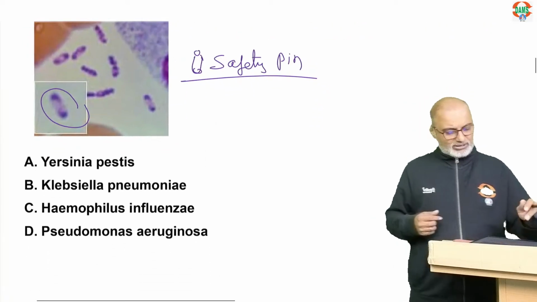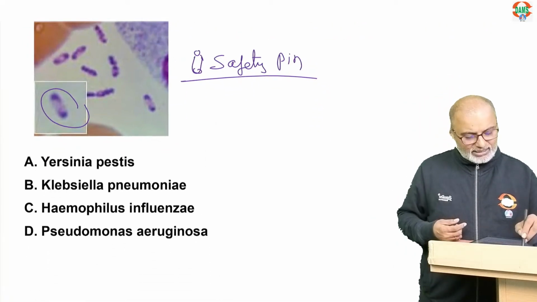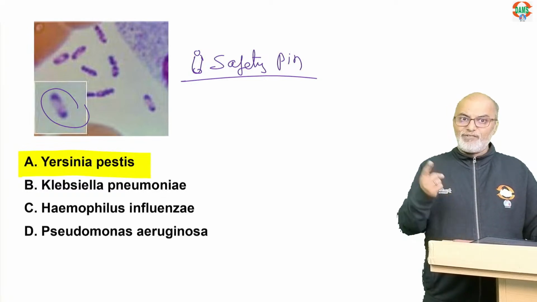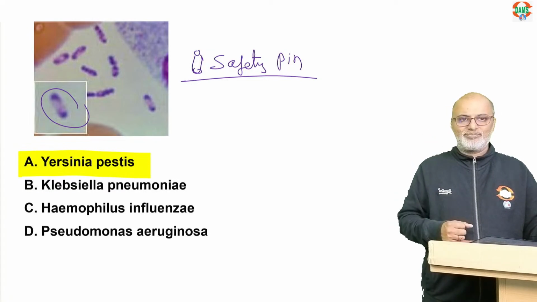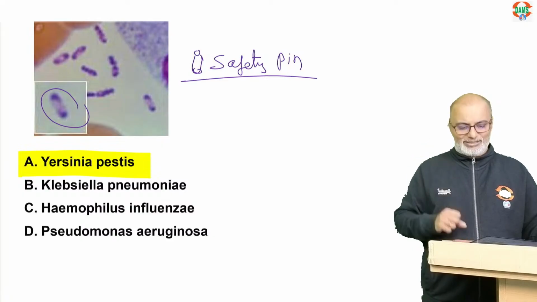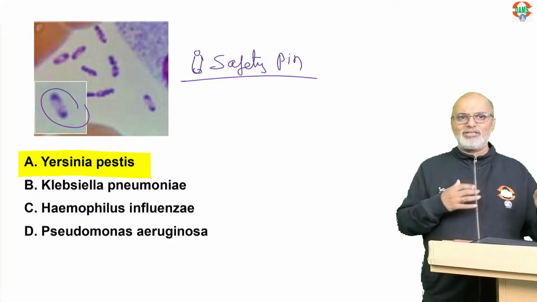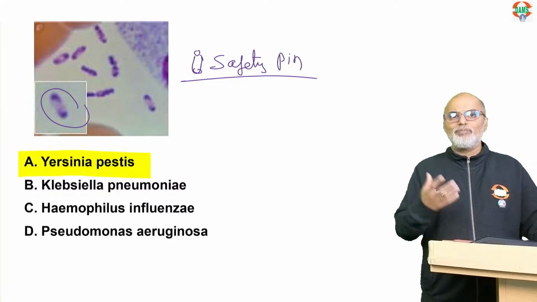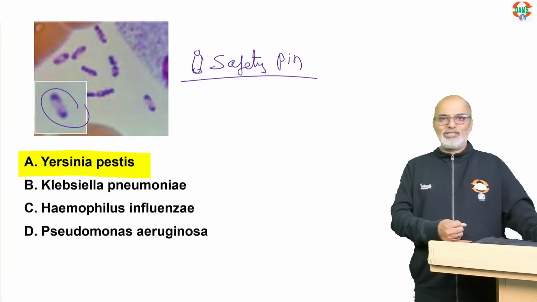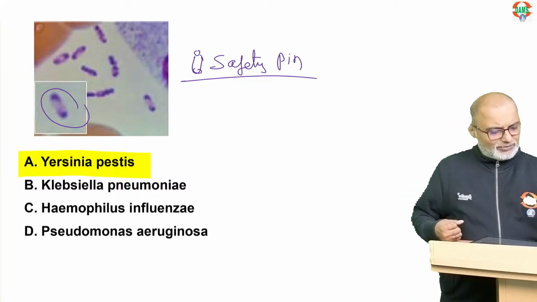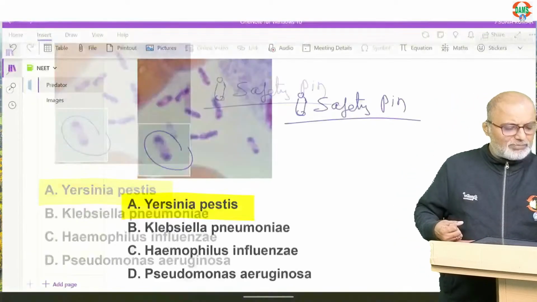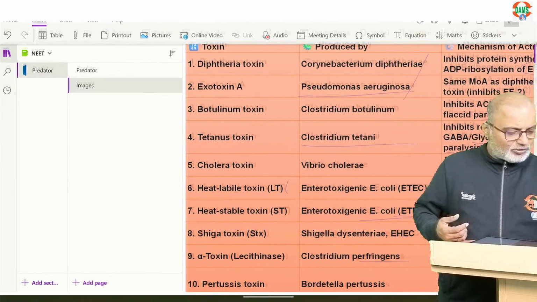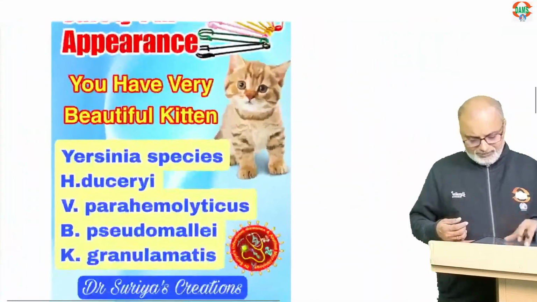Safety pin appearance. Always remember, classical example is Yersinia pestis, Haemophilus ducreyi, Borrelia burgdorferi. All these are safety pin appearance. Brucella, Vibrio parahemolyticus. There is a list. Important bacteria, all available in my group. I am taking the things from the group only. Don't worry.